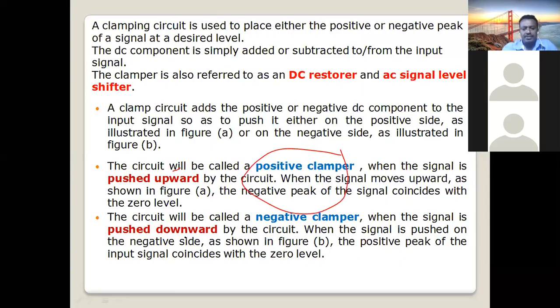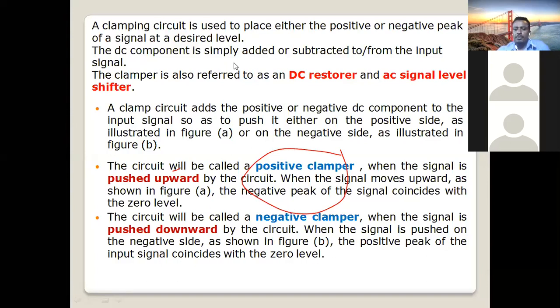How do we define a negative clamper? A circuit will be called a negative clamper when the signal is pushed downward, pushed to the negative side. To summarize, a clamper circuit adds a positive or negative DC component to the input signal.